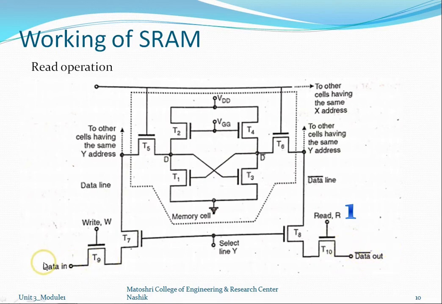So in this way, data can be written in this memory cell, and simply by applying a high input signal on this read pin, the data can be read by the system.